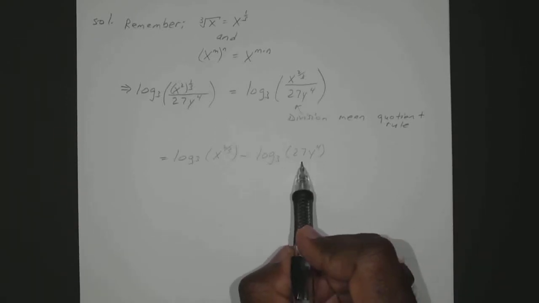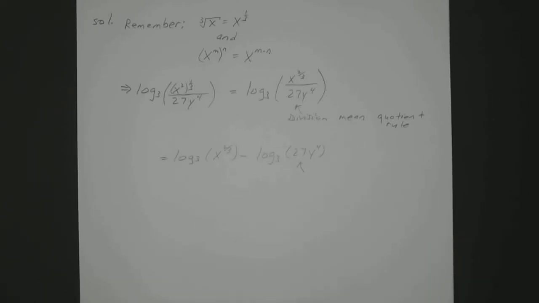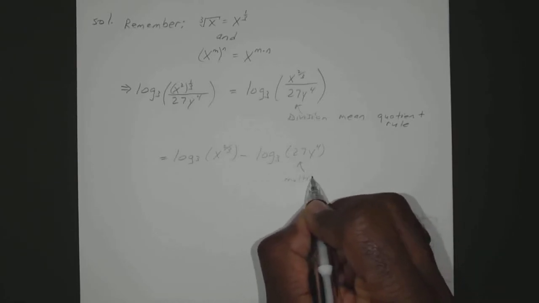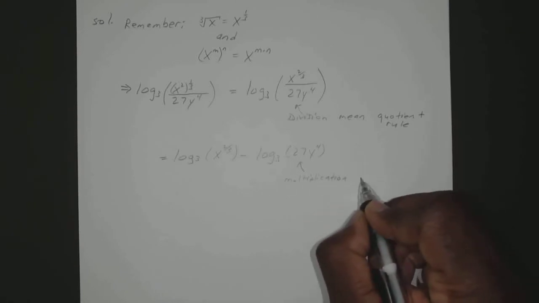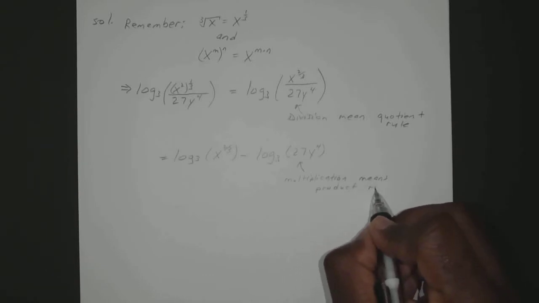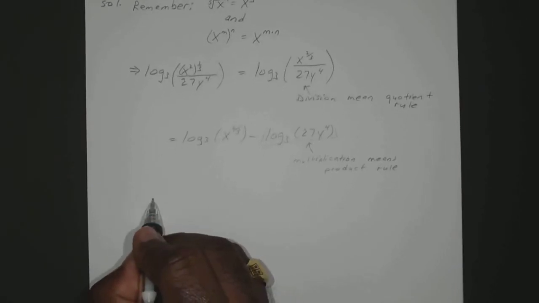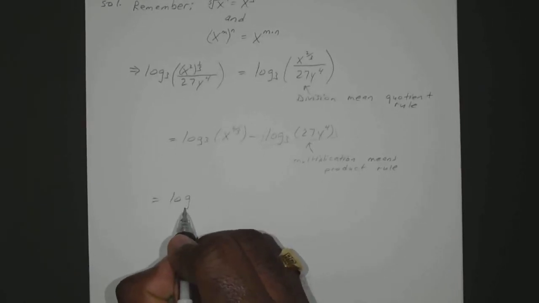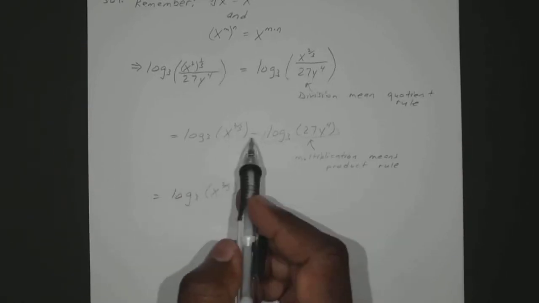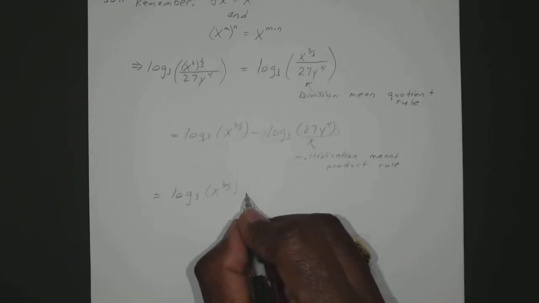Okay, so now when we look at this one, even though we separated it using the division, the quotient rule, we still have multiplication here. So multiplication means product rule. And remember, we're subtracting that entire term. So when we rewrite it, that gives us log base 3 of x to the 2/3 power. If you want to do the power rule there, you can. I just drag it down to the end because that's my own little technique.